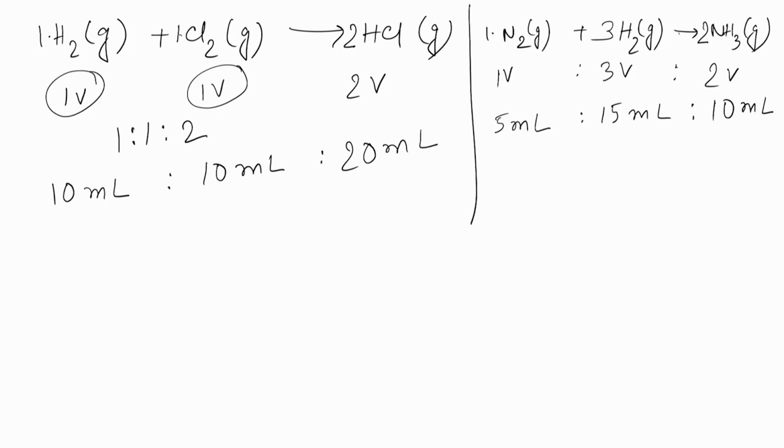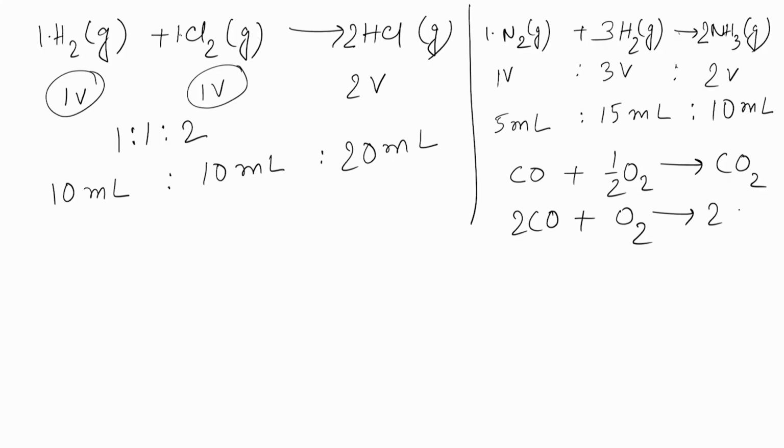Another last example is, let's say, CO plus half O2 gives CO2. So, now it will come as 2CO plus O2 gives 2CO2. So, 2 volumes of carbon monoxide react with 1 volume of oxygen to give 2 volumes of carbon dioxide.